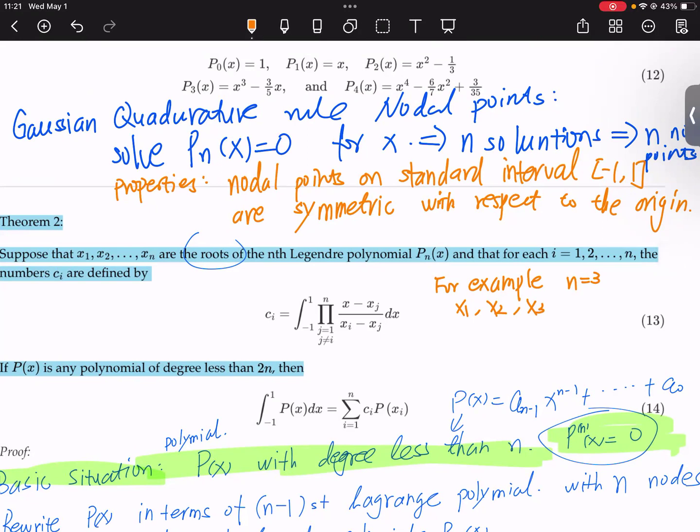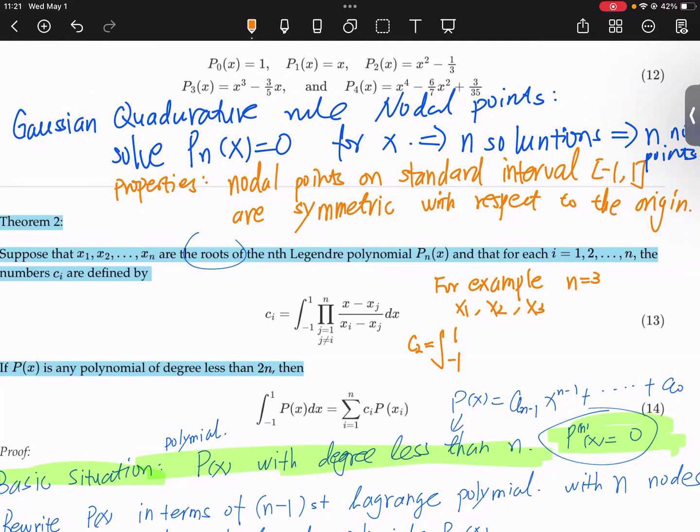We are calculating for c_i, let's say c_2, over the interval -1 to 1. This product here is like a sigma sum, but it is the notation for products. It says j does not equal i, which means j does not equal 2, and the index runs from j equals 1 to n, with n equal to 3 here.